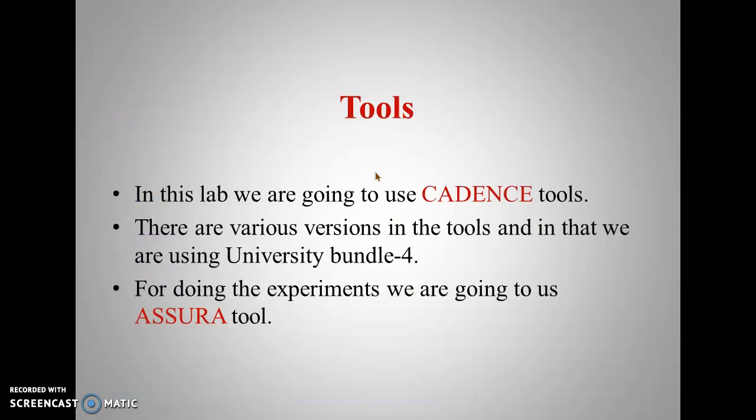And regarding the tools in this lab, we are going to use Cadence tools, and there are different types of tools. This is called a synthesis tool, and in the DE lab we went through the Xilinx lab. So the Cadence lab will be similar to that. The Cadence lab has different versions, and in our college we are going to use University Bundle 4, or UG Bundle 4, which is basically a server based tool.